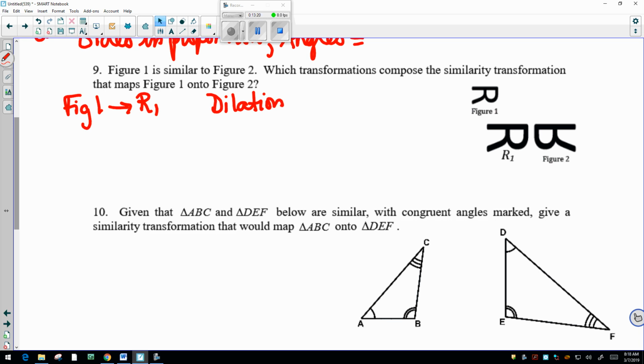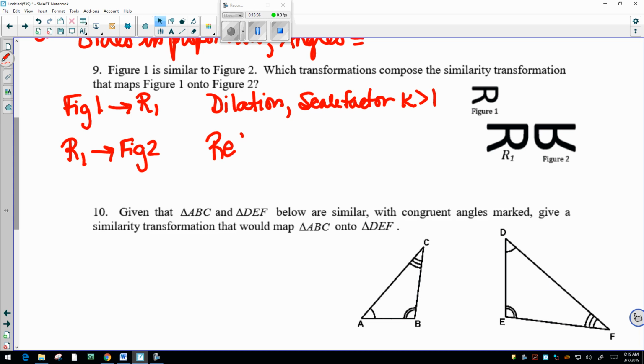And because it got larger, I could tell you that our scale factor had to be greater than 1. And then to get from that R1 location to figure 2, we had to have some sort of a reflection. I can see that orientation has changed. And maybe what I would do here is draw a line, label that line, and I could say a reflection over line.